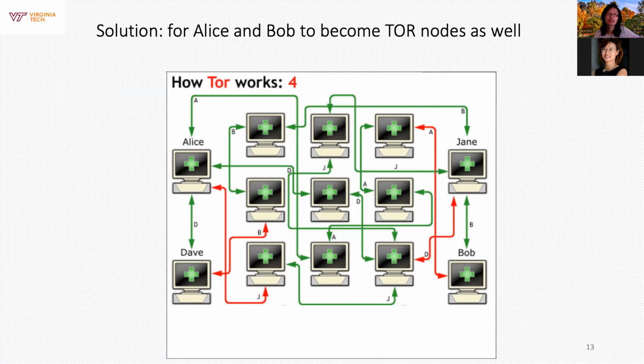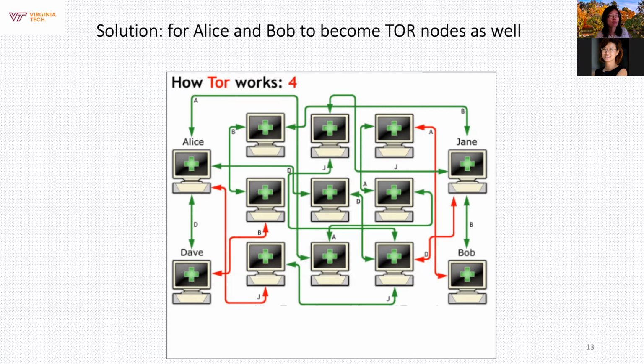And so you see traffic coming out of Alice's machine and going into Alice's machine, and you have no idea which one is for her and which one is just passing through her machine. She's doing it to help other people. So you cannot follow the communication trail easily now. Everyone has a whole bunch of messages coming in and going out, and it's all encrypted, as we have shown.